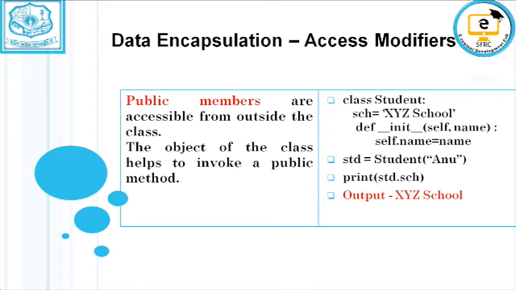So I am going to display the name of the student and the school in which she is studying. std is equivalent to student of Anu, and print std dot sch, where std denotes the name of the corresponding object and SCH is the school name assigned to the public member. So the output of the program is XY is at school.